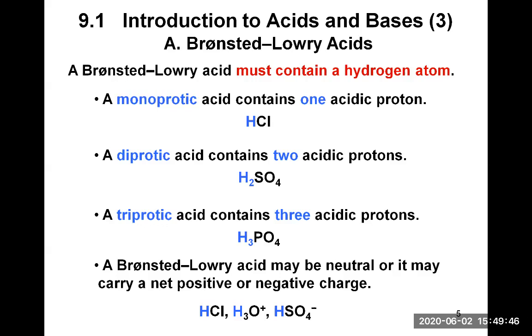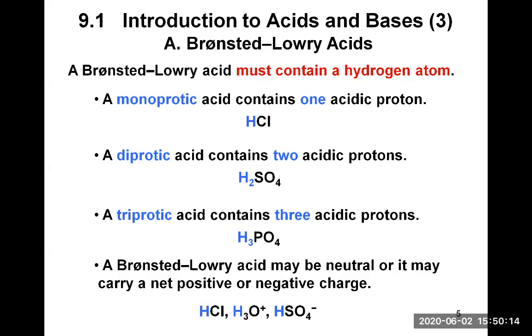A diprotic acid contains two acidic protons, like H2SO4, sulfuric acid, which has two acidic protons, and they leave one at a time. A triprotic acid contains three acidic protons, like H3PO4, phosphoric acid.